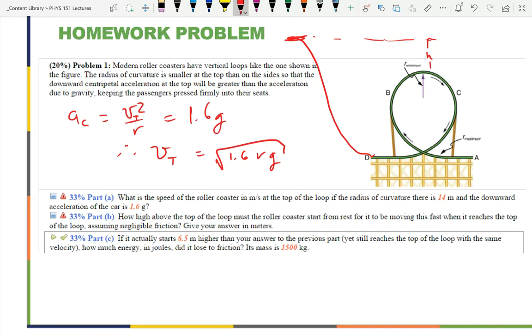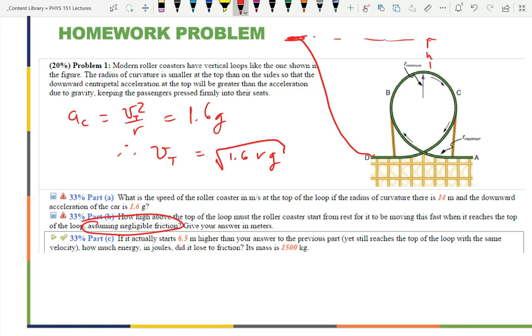The first thing should be to draw the diagram. Yeah, it's right there, not on your paper. And then once I have the diagram, what do I need to do then? Set it up in the equation. So you got your net work equal. Identify non-conservative work. It says assuming no friction.